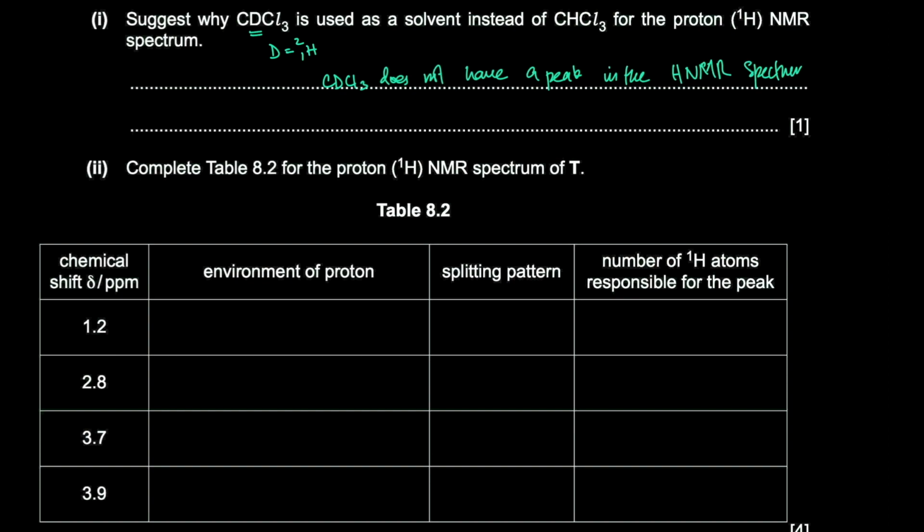The reason why is because deuterium, the hydrogen 2 isotope, has an even mass number, or an even number of nucleons.